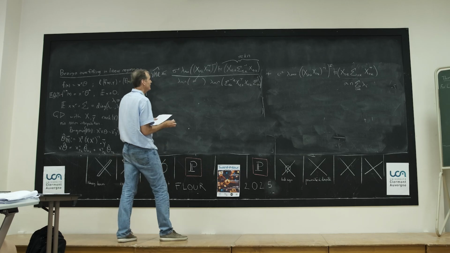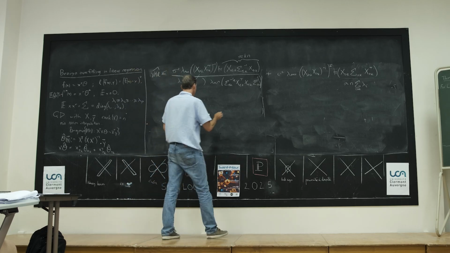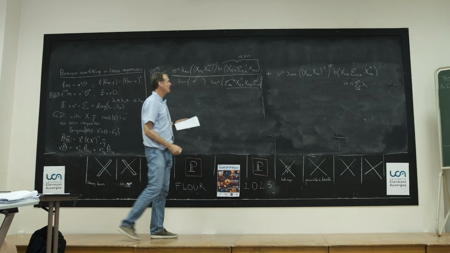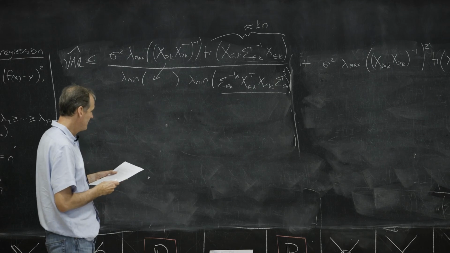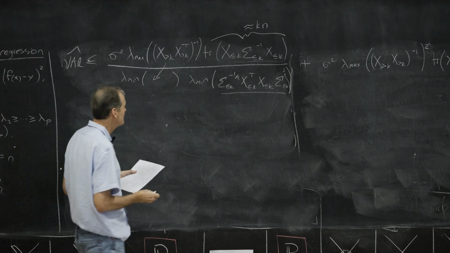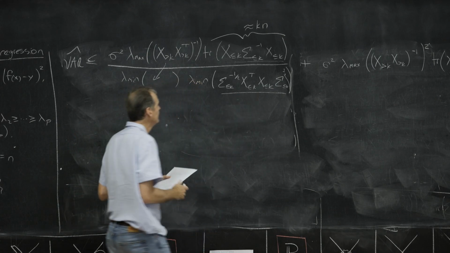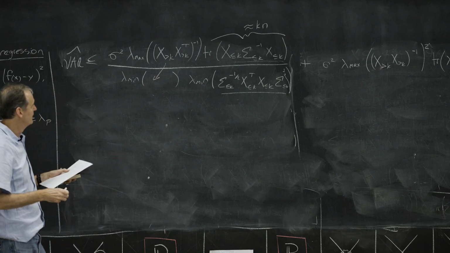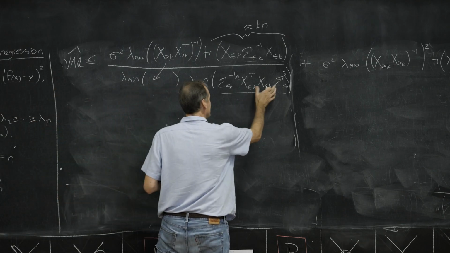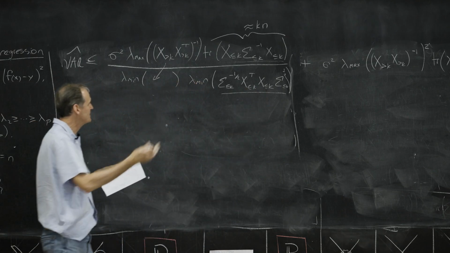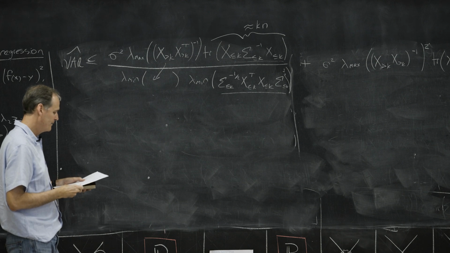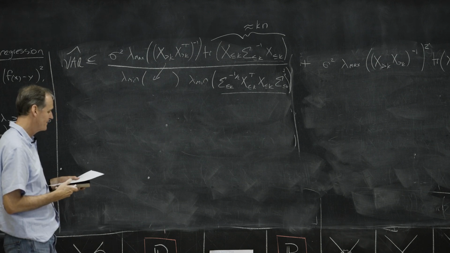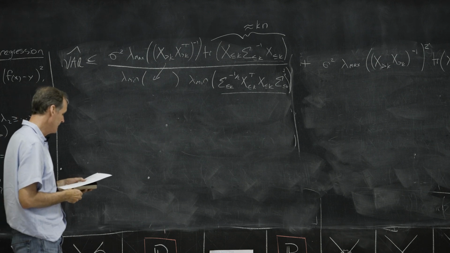What else do we have? This thing down here, that's a sample covariance matrix, right? But it's a special one because we've normalized the x x transposes that we're summing here. It's a scaled sample covariance matrix with n isotropic vectors in R^k.